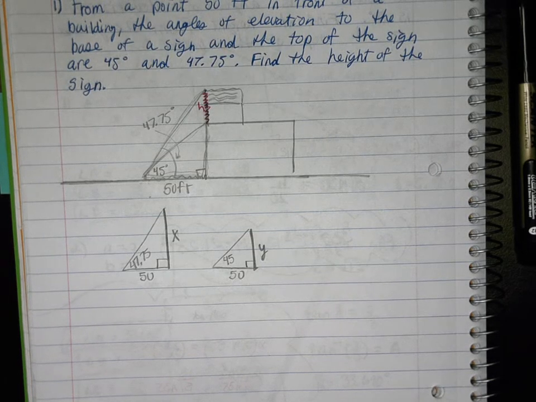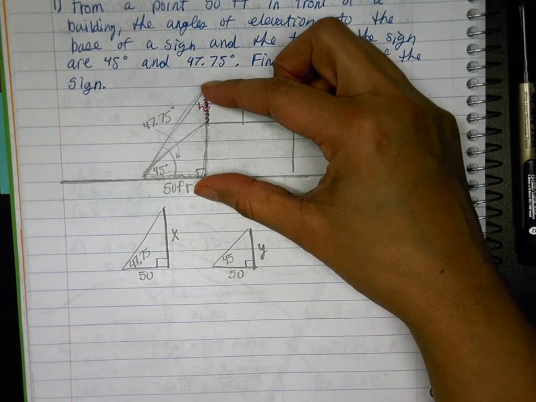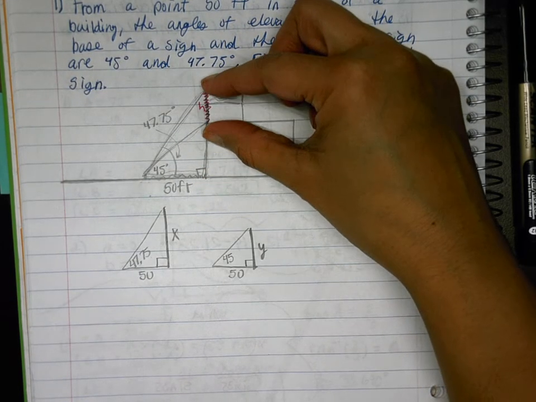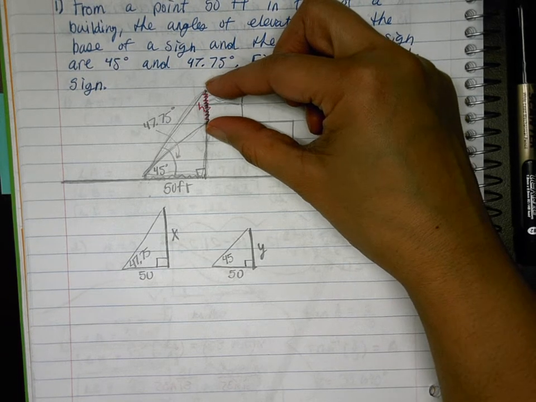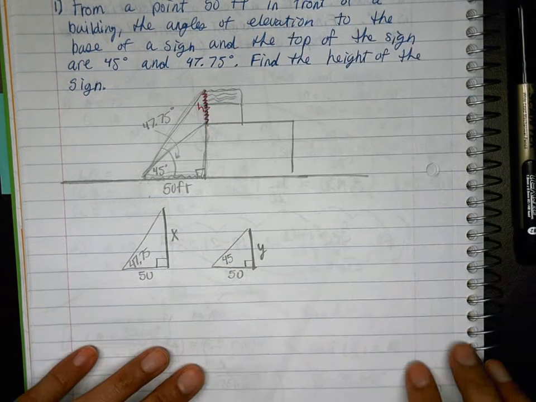Yes? X minus Y. Does everybody see Y? Yes? Because, again, this is X, this is Y. If I do X minus the Y, will it give me the height of the sign? Make sense? Okay, so that's what we're going to do now.